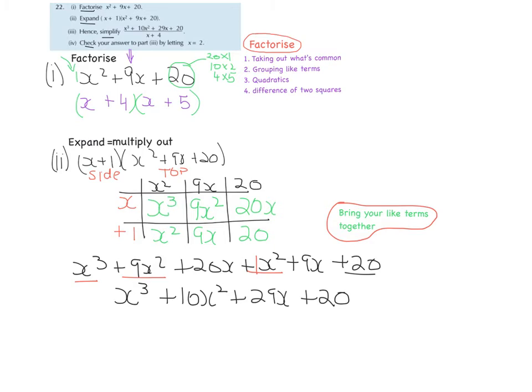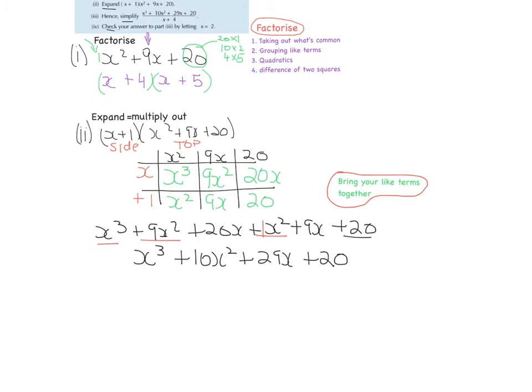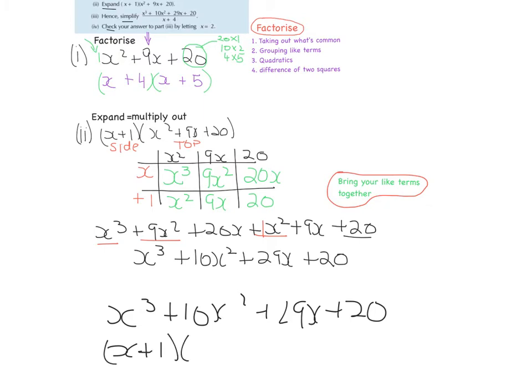So I'm going to give myself a little bit more room. And it is, if I think about it, x cubed plus 10x squared plus 29x plus 20 is really x plus 1, if I went back to it, times x squared plus 9x plus 20.